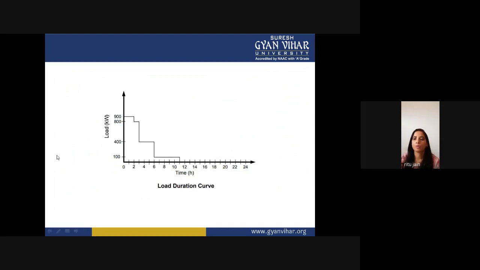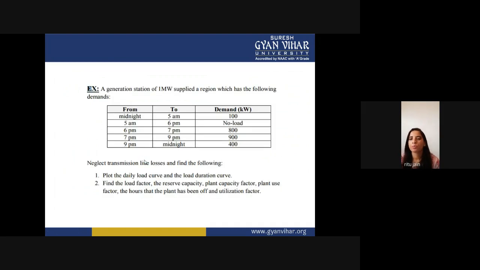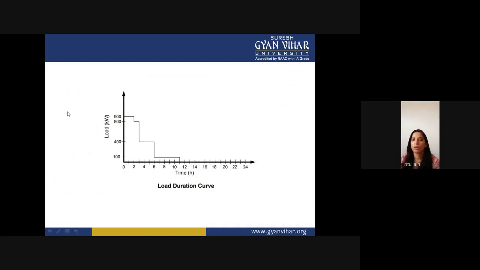Then from 5 a.m. to 6 p.m. there is no load. After 900 you are using 800 kilowatt, which is from 6 p.m. to 7 p.m., only for 1 hour.